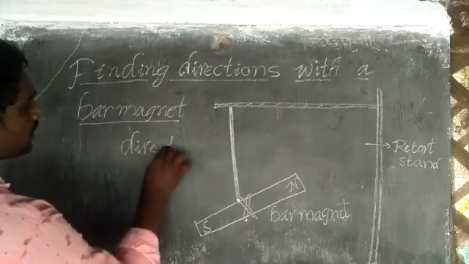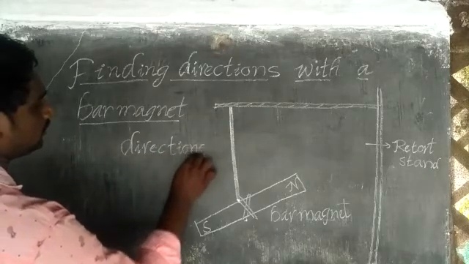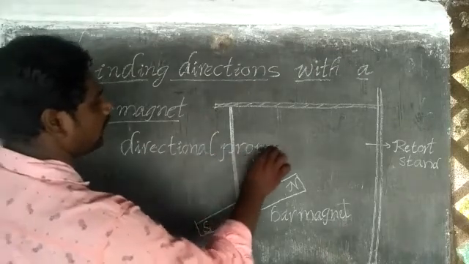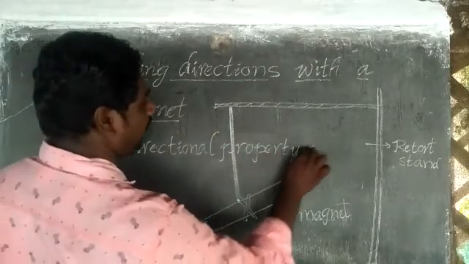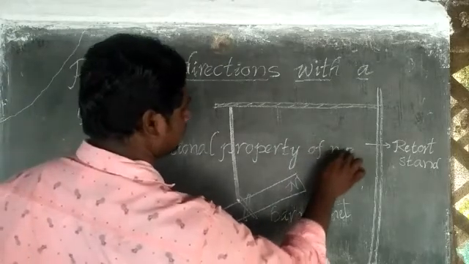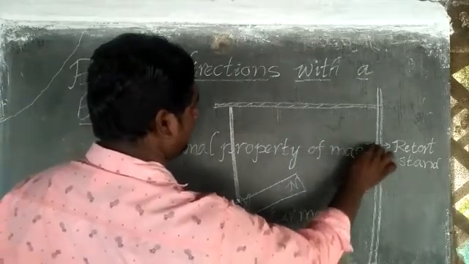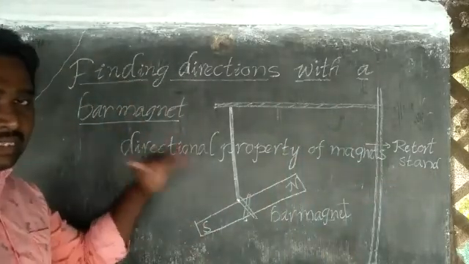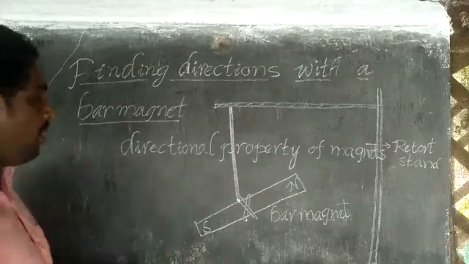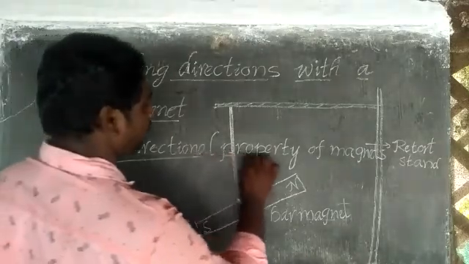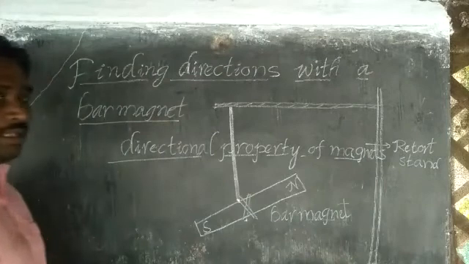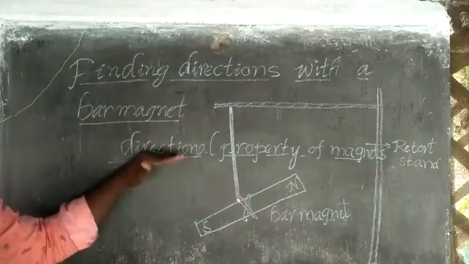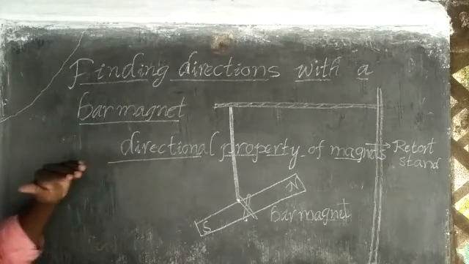This bar magnet indicates directions. This directional property can be exhibited only by magnets.